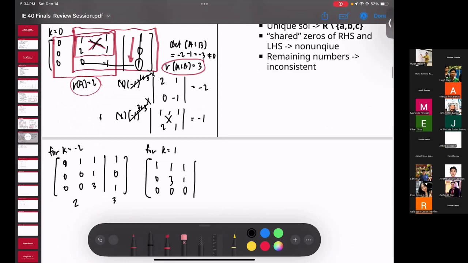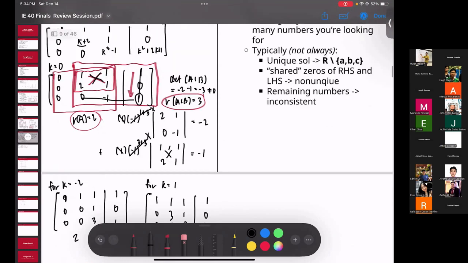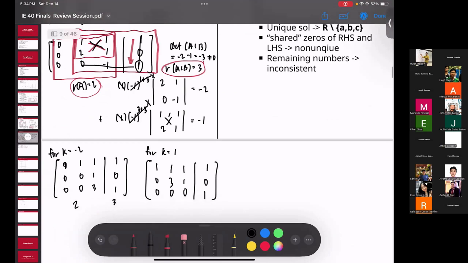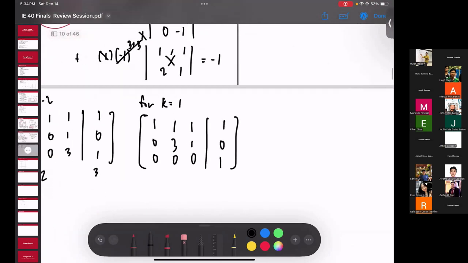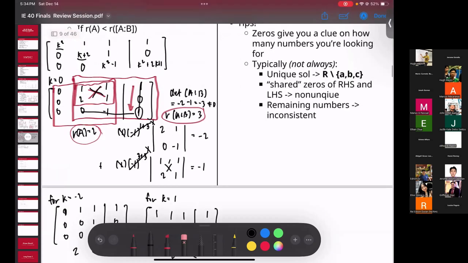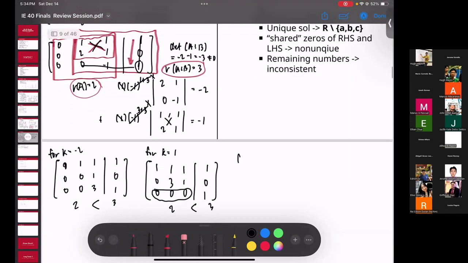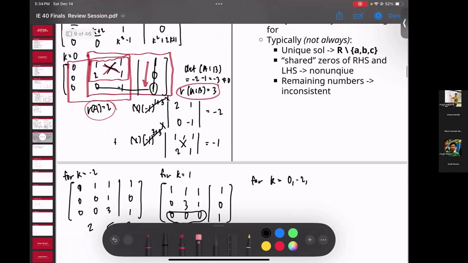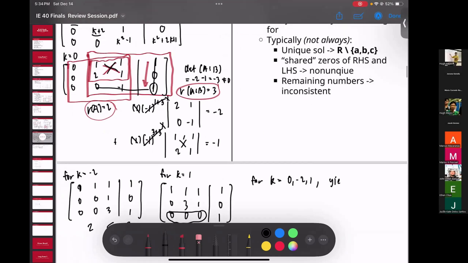And then this becomes 1, 0, 0, 1, 0, 1. So if you test this, you're also going to reach the same outcome. You can tell from laws of determinants that it can't be rank 3. So this is rank 2, and this is also rank 3. So basically, for k equals 0, negative 2, and 1, you will yield an inconsistent solution.